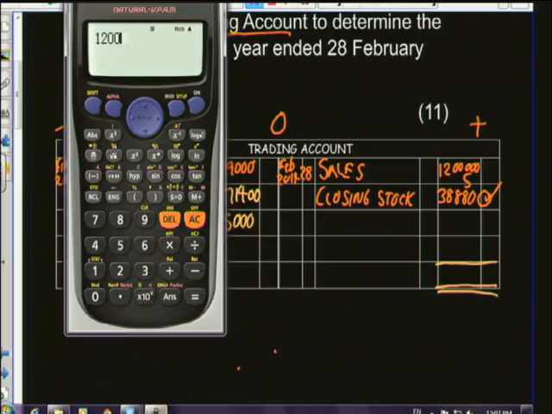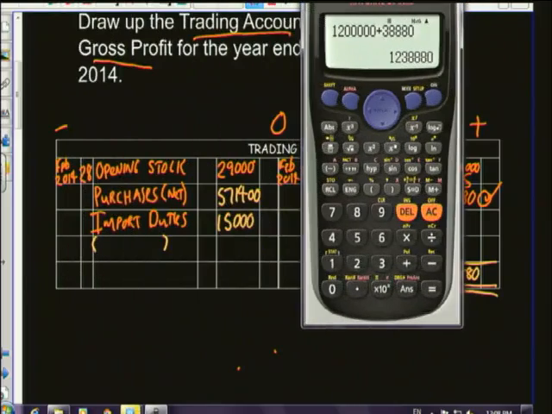Right, so let's do this calculation. 1,200,000, and I'm adding 38,880. Okay, so on the credit side, I've got a total of 1,238,880.